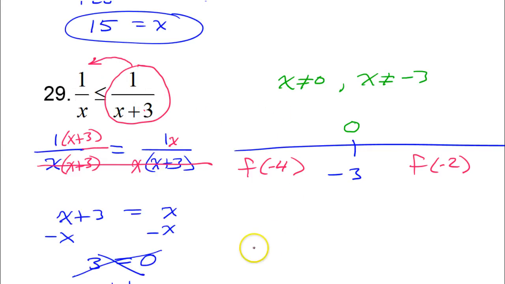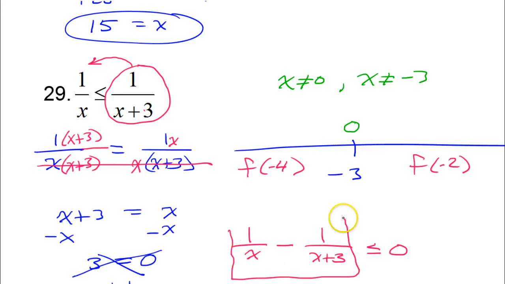So that's going to give me 1 over x minus 1 over x plus 3 is less than or equal to 0. Alright, that's what this becomes if I take this and I move it to the other side by subtracting it from both sides. So in this form of the inequality, now I can see that this can easily be put in my calculator.